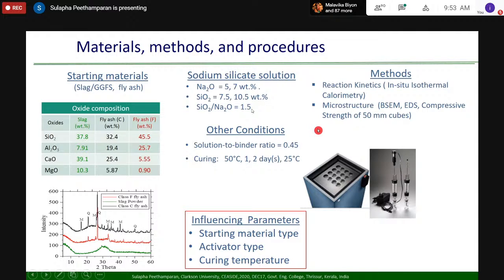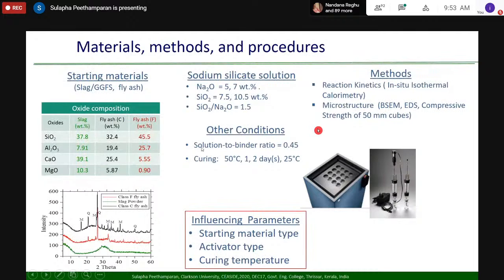Then you mix them and you get the binder. With cement you decide the water to cement ratio; similarly, here we call it the solution to binder ratio, the ratio of the solution to the material.